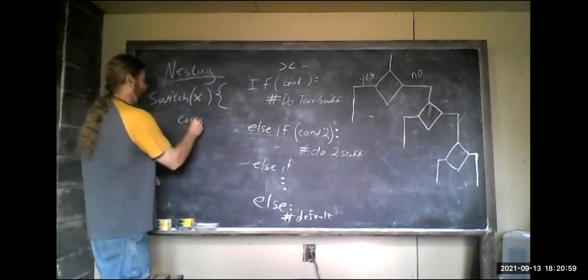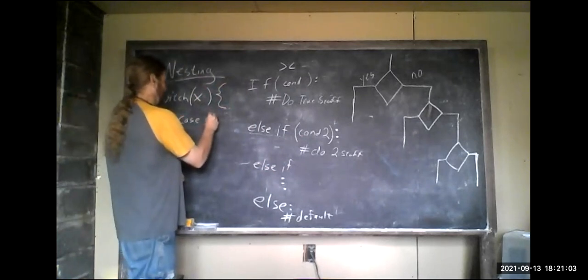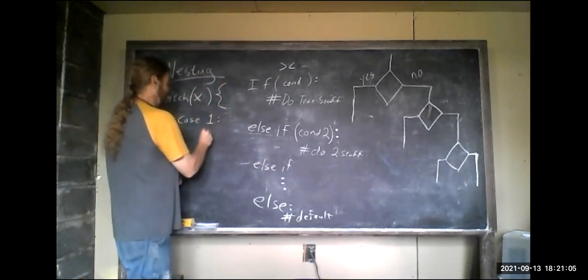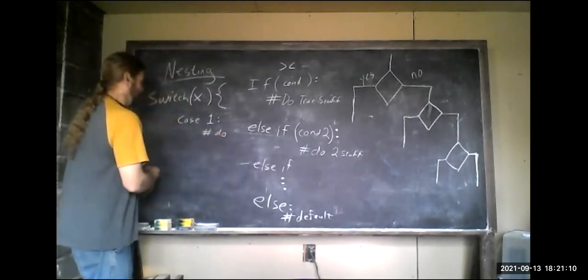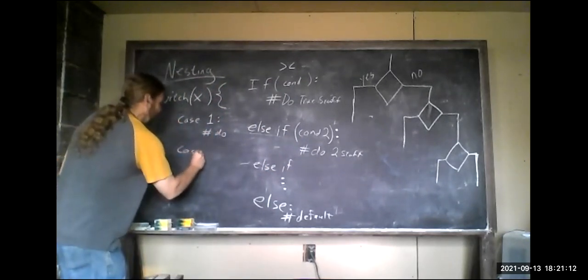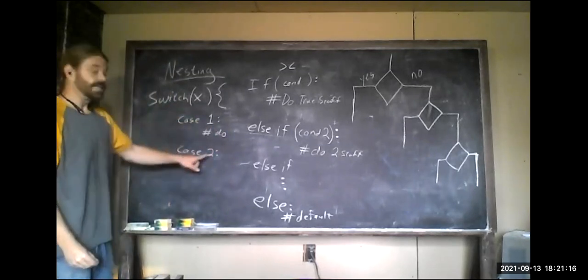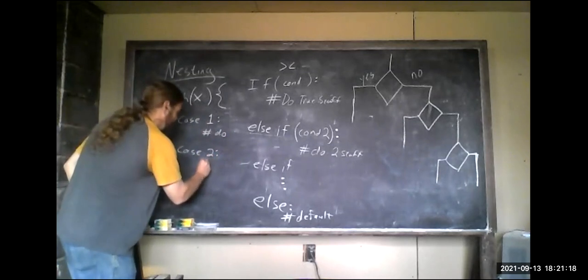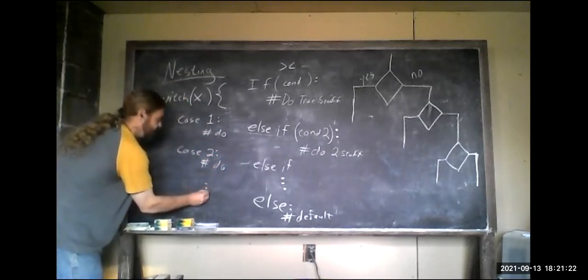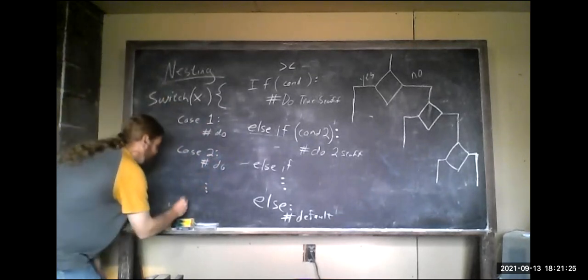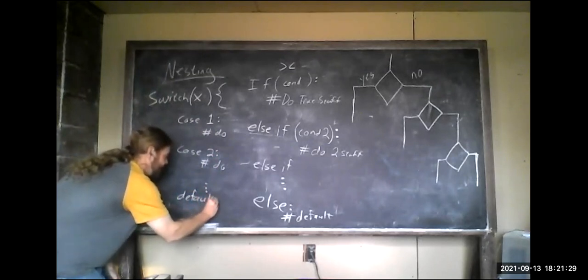So we could have case of 1, and then do stuff. Case of 2, like X could be exactly equal to 1, or X could be exactly equal to 2. And then we do stuff, and so on and so forth, until we get down to the very last one. And we usually label that as the default case.